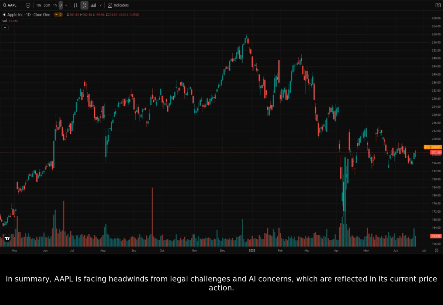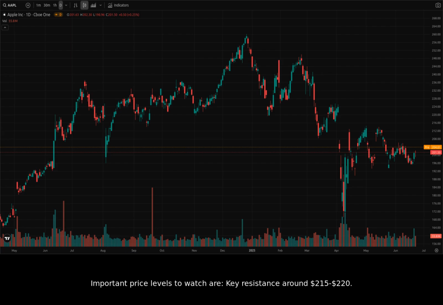In summary, Apple is facing headwinds from legal challenges and AI concerns, which are reflected in its current price action. Important price levels to watch are key resistance around $215 to $220, key support around $190, immediate short-term resistance at $202, and immediate short-term support around $201.